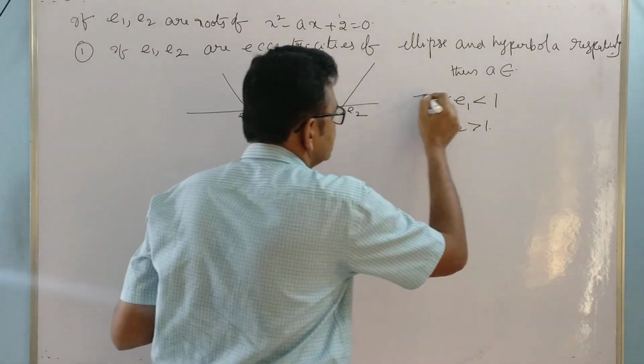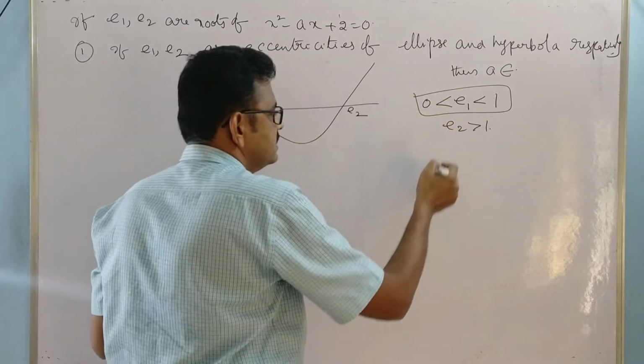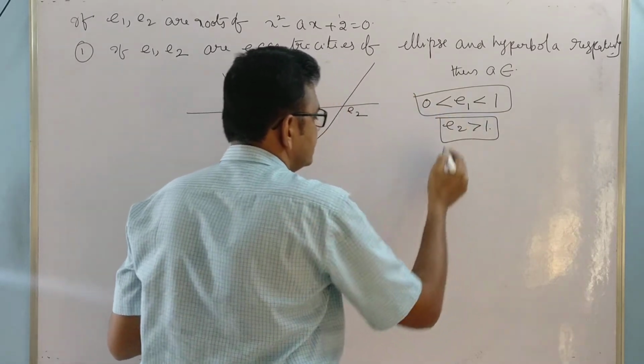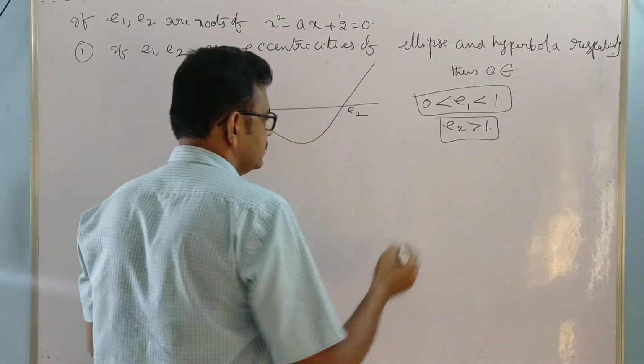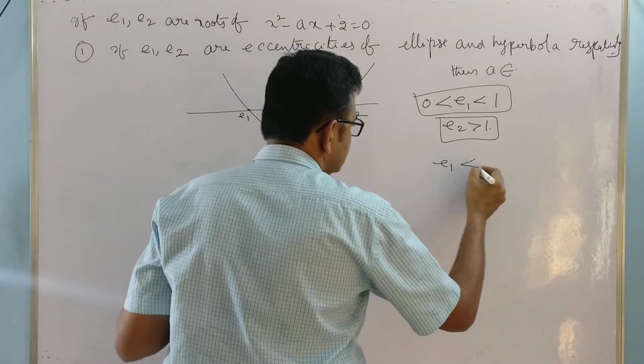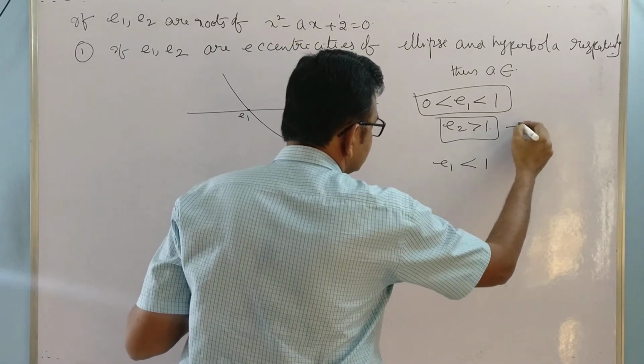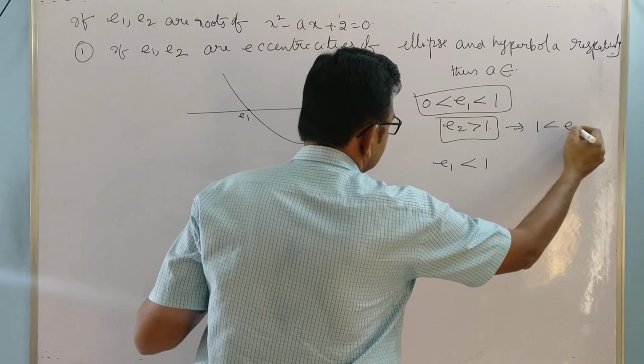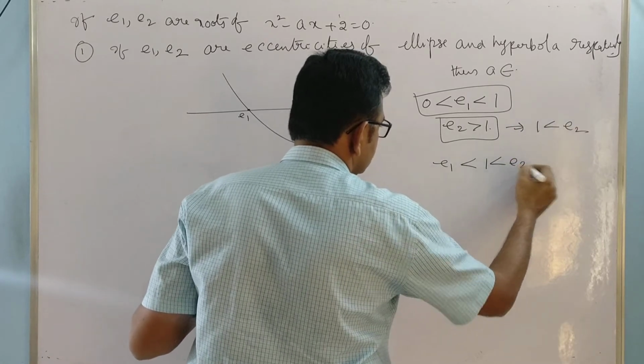The eccentricity of an ellipse is less than 1. The eccentricity of a hyperbola is greater than 1. That implies 1 is between E1 and E2.